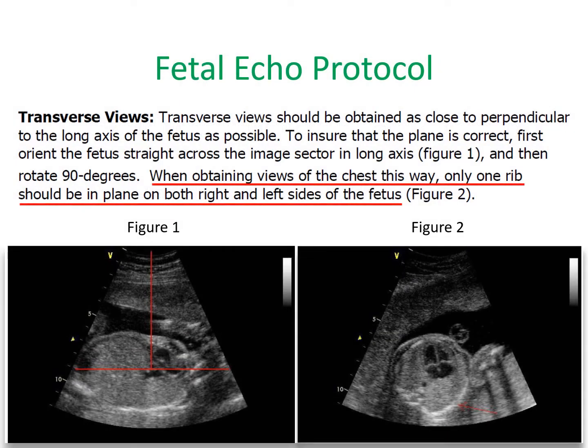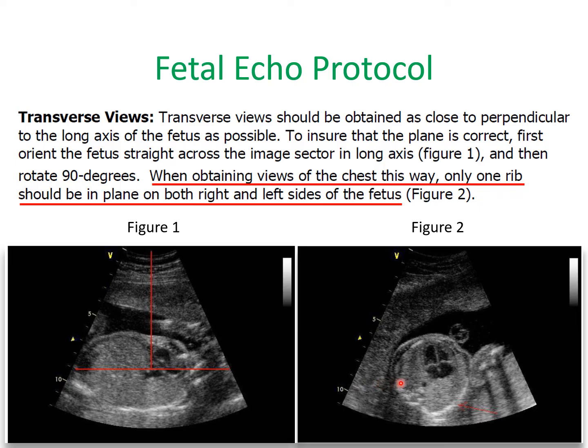Now, when we start out in the transverse views through the fetal thorax, you want to first align the fetal spine as perpendicular as possible to the plane of inclination. You will then rotate 90 degrees from that sagittal view.